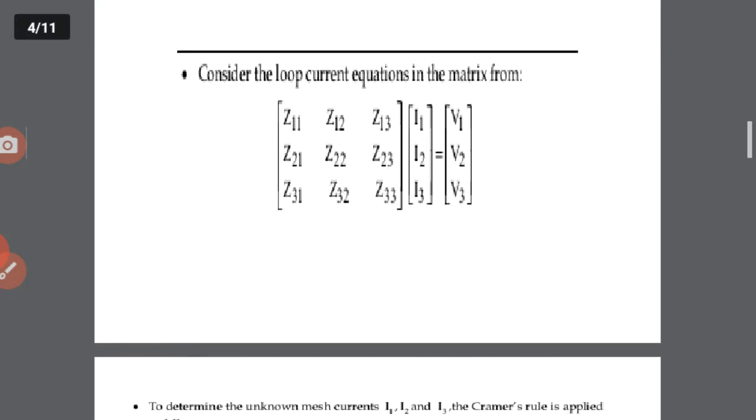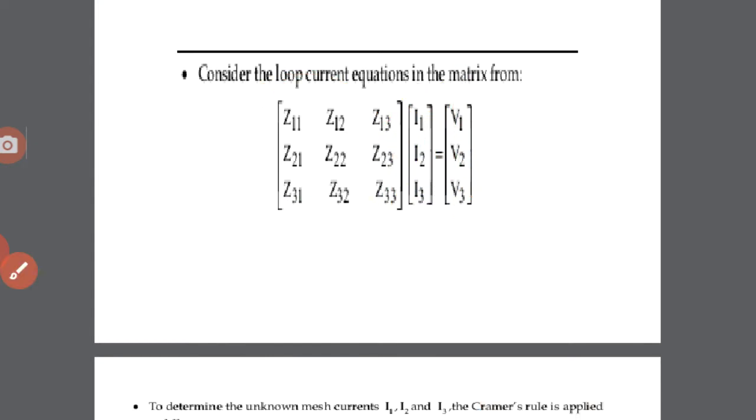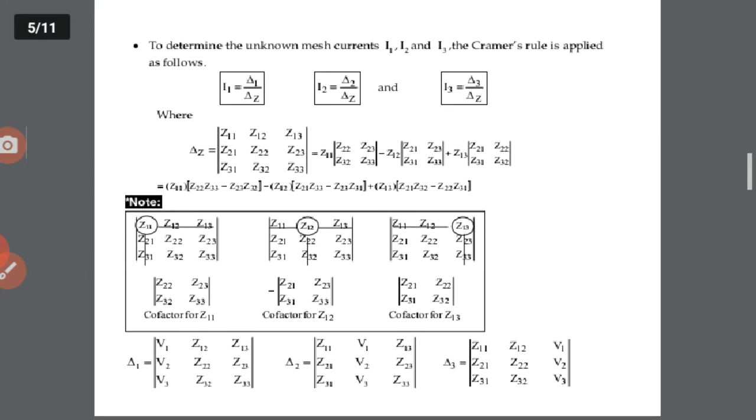Consider the loop current equations in matrix form, with impedance parameters, current and voltage. This matrix form is to be applied with Cramer's rule. Just as we solve a mathematical matrix, in the same way here we solve the equation.